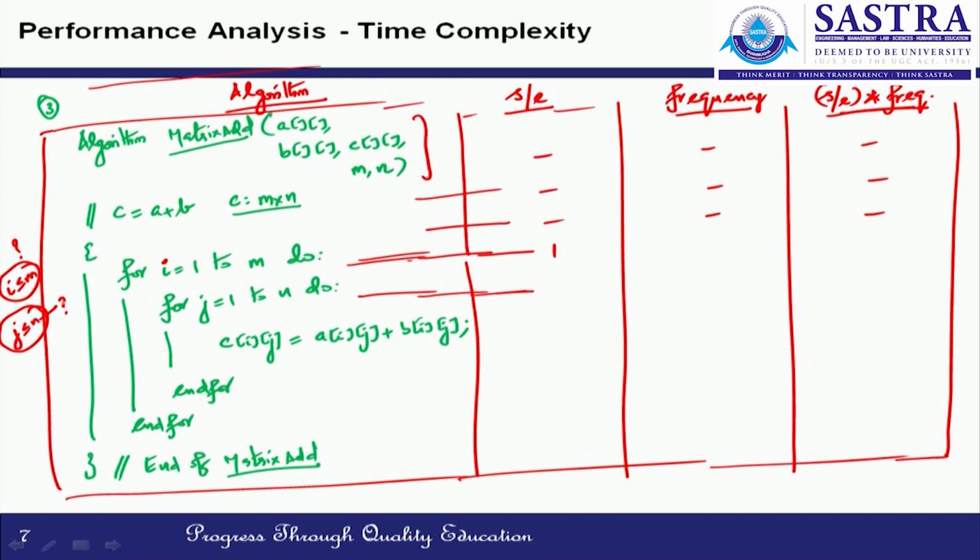Checking if j less than or equal to n is taken as one count increment. So, the steps per execution for the inner for loop is also 1.